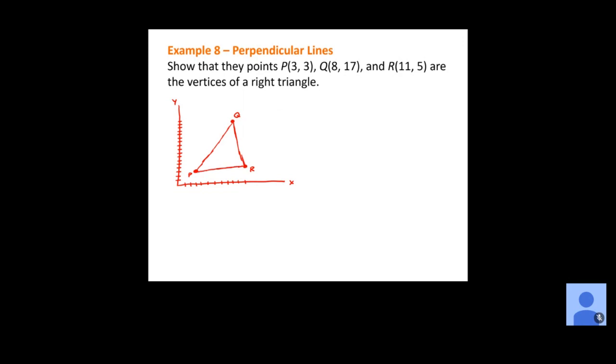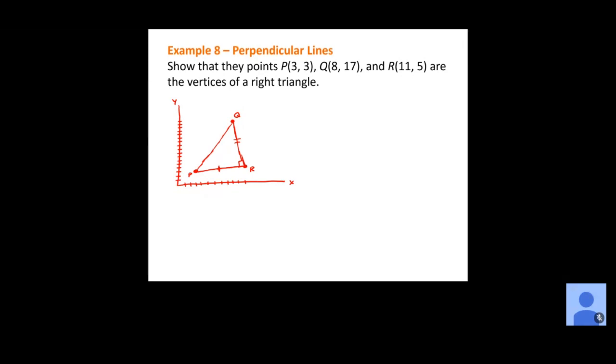Now, looking at the picture that I've created there, where does it look like the right angle might be? Mine's not perfect, because some of my spacing is not exact. It looks like R would be the most likely place for that right angle, right? So what I want to show is that this segment from P to R and this segment over here from Q to R are perpendicular to each other.